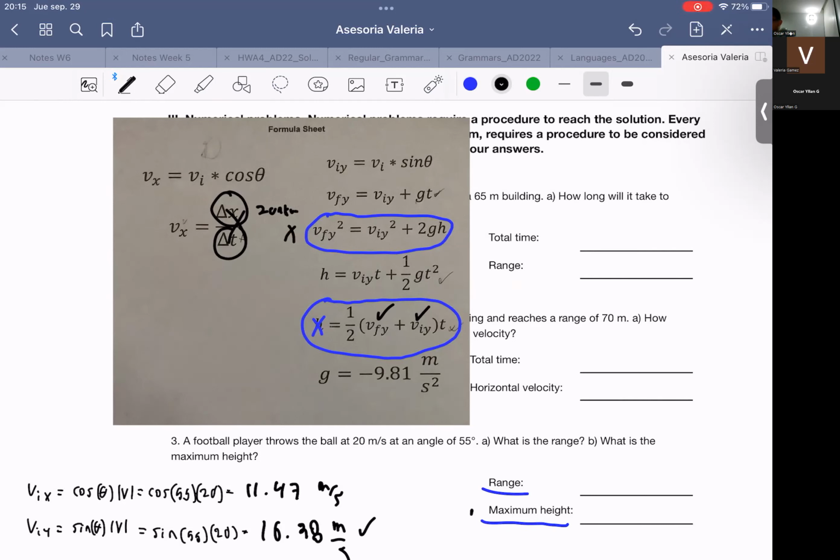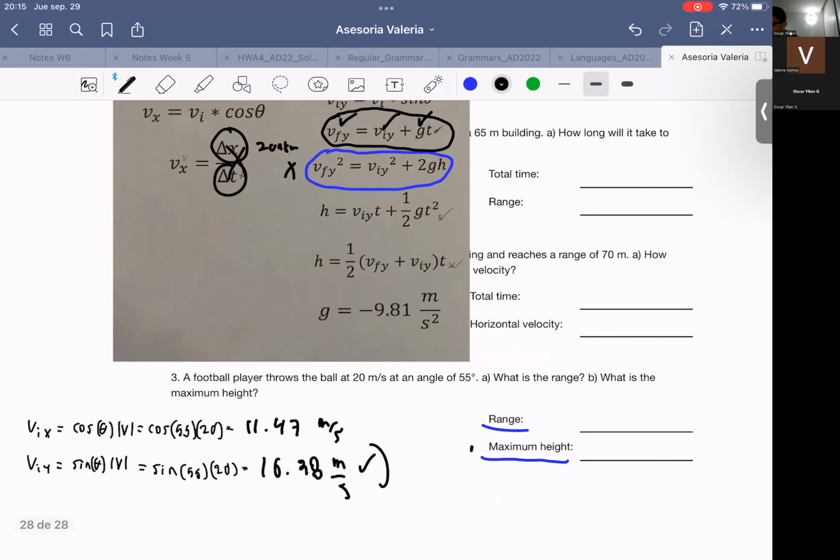We cannot use this one yet, because we will have two unknowns. But we can use, for example, the one that I tried to say. This one, because we have the final velocity in Y that is equal to 0, the initial velocity that we just calculated, and we always have G.